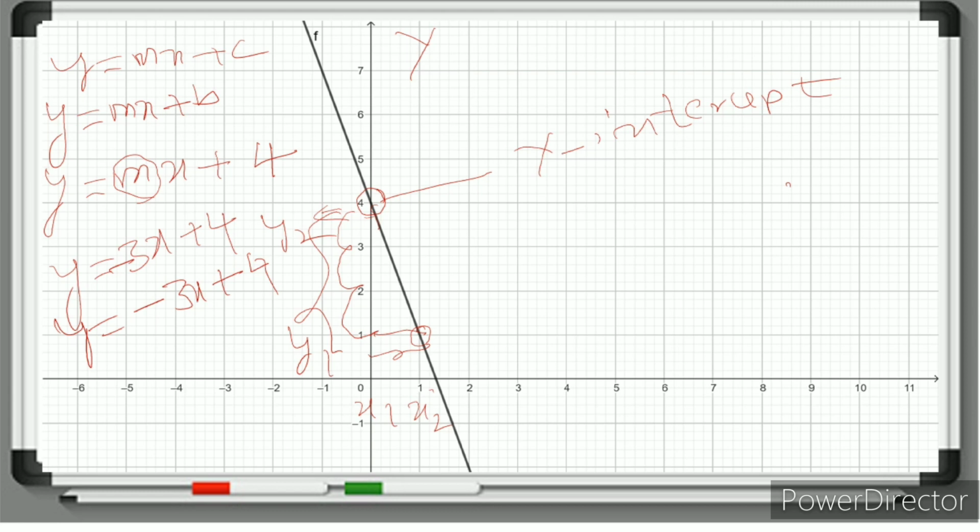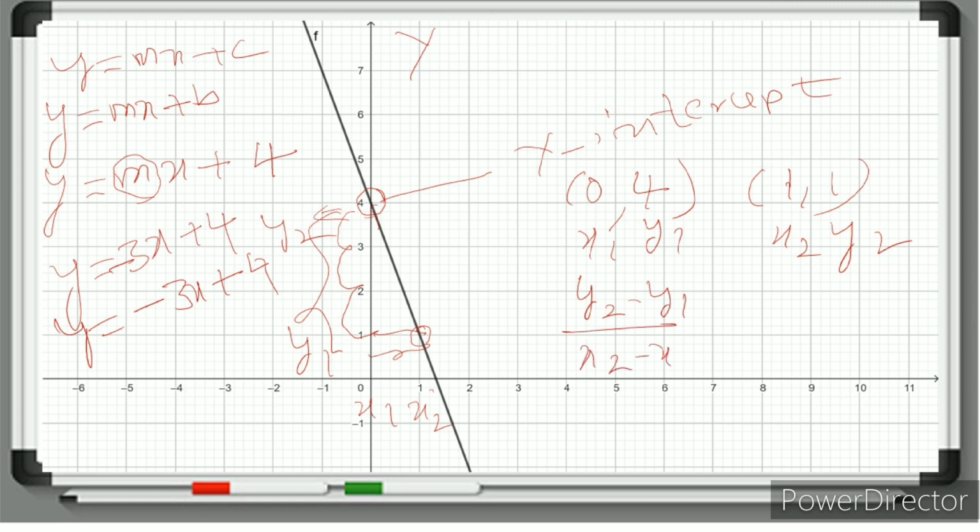I will show you. I will take (0, 4). Now see (0, 4) and (1, 1), these 2 points, boys, because these 2 points are on this given line. Now boys, x1 y1, x2 y2. The formula is y2 minus y1 divided by x2 minus x1.